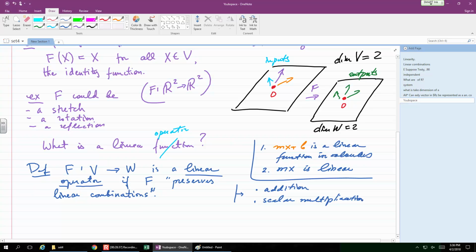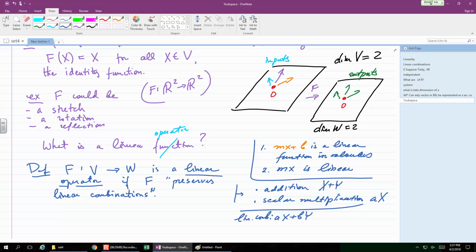So x plus y, or ax. If you combine these together, you have ax plus by, a linear combination. So addition, scalar multiplication, linear combination. We just combine them together to make it slightly more compact, but it is what it is.